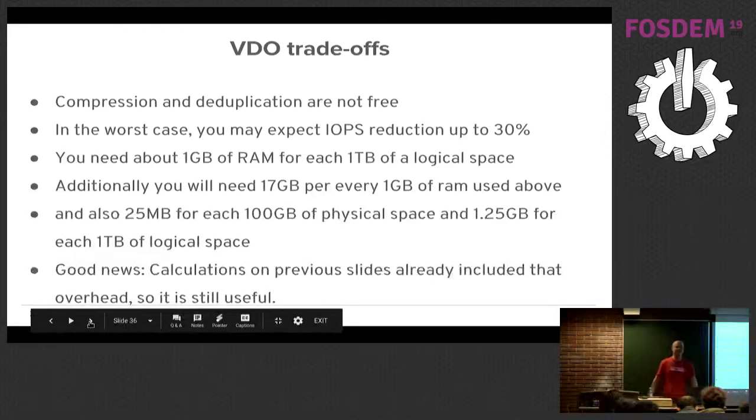But that's not all. That was the biggest issue you can see, but that's not all. Compression and deduplication itself isn't free, sorry. And in the worst case, it eats your IOPS. If your storage is fast enough and the CPU is not fast enough, like it was in my case, up to minus 30%.